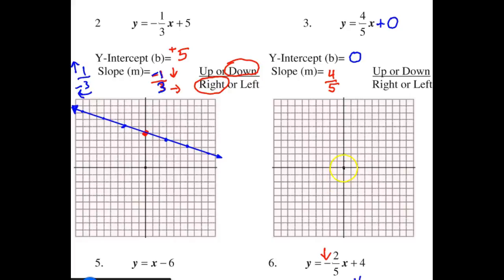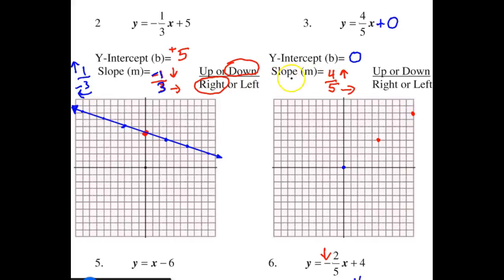So we're going to start at 0, 0 right there in the origin, and we're going to go up 4, right 5. So start there and go up 1, 2, 3, 4. 1, 2, 3, 4, 5. Make a dot. Up 4 again. 1, 2, 3, 4. To the right 5.